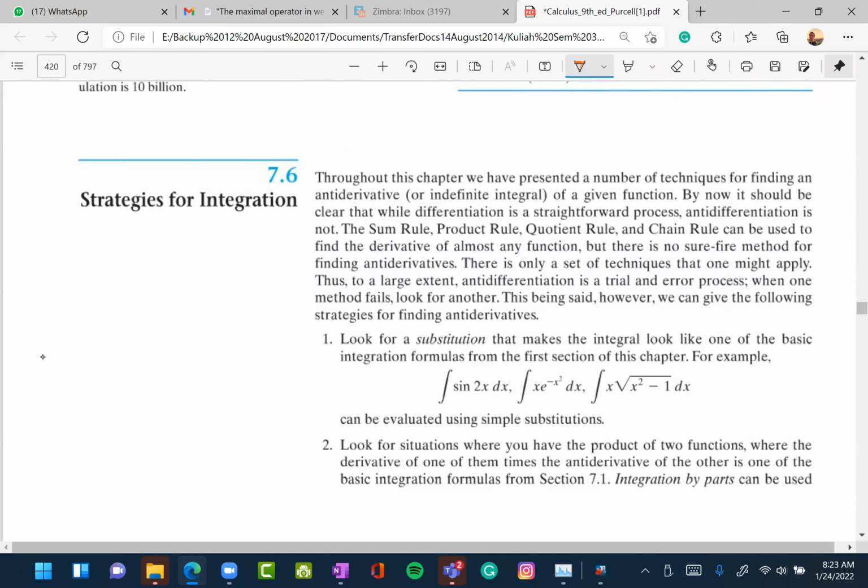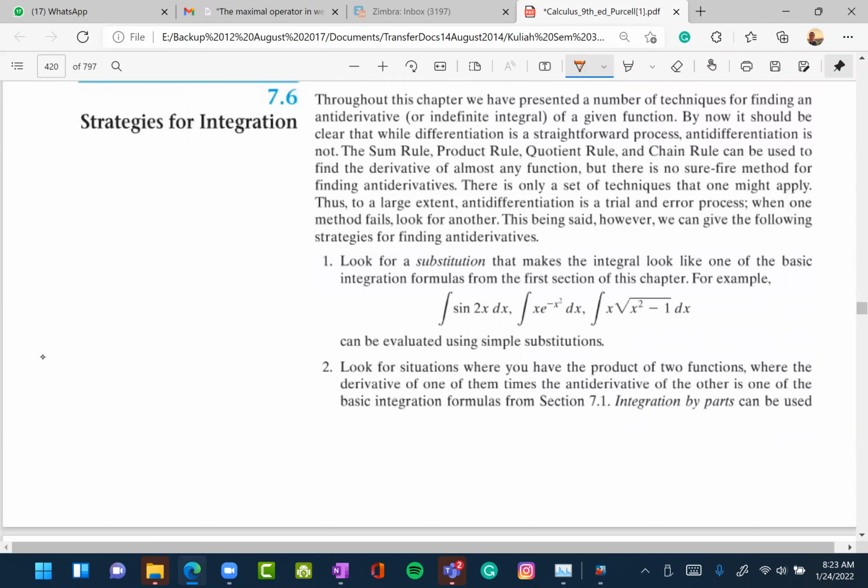All right. So this I mentioned about strategies of integrations. First, always look for substitutions. In particular, choose u so that the multiple of the derivative of u appears in the integrand. For example, here we choose u equals x squared, because the derivative 2x is a multiple of the other term.